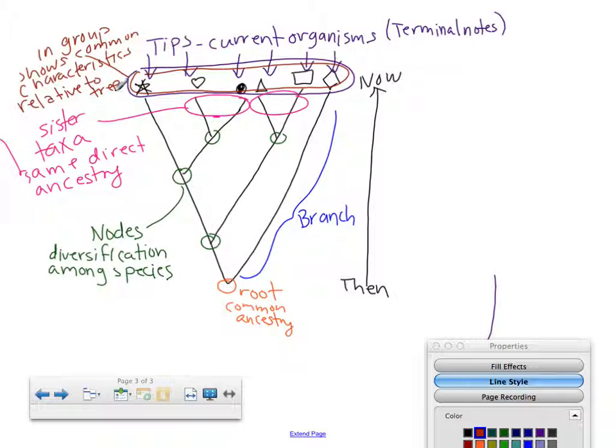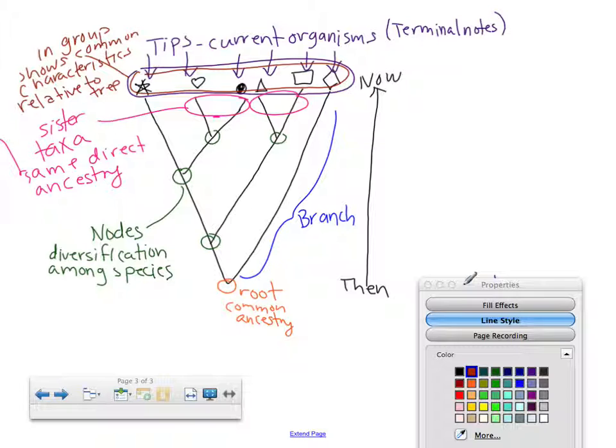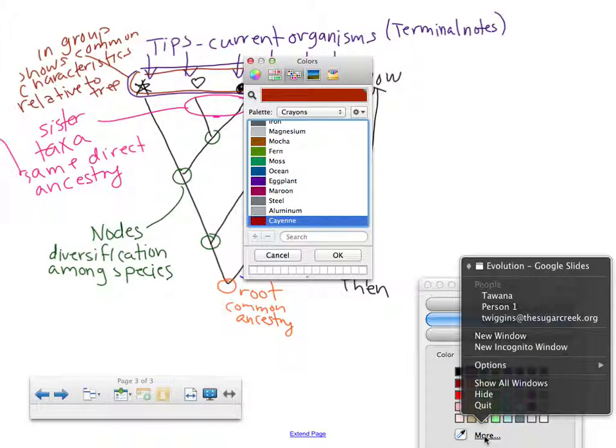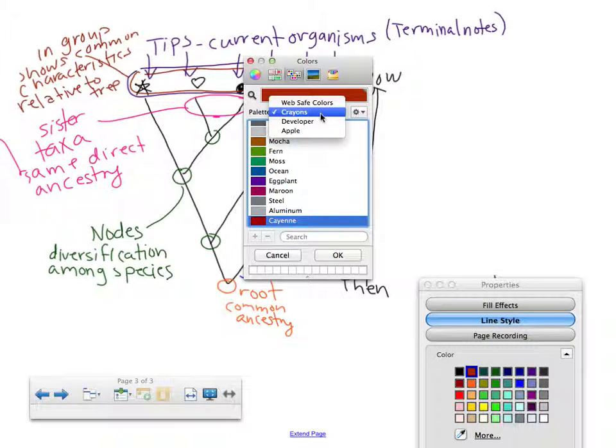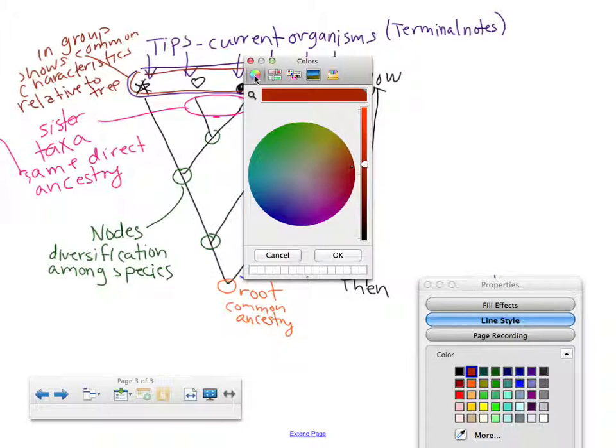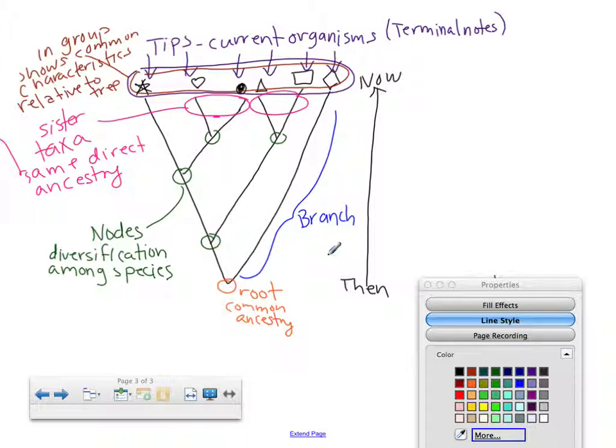And then lastly, okay, so we've identified these lines to be branches, but if you notice this last one here, you see this?